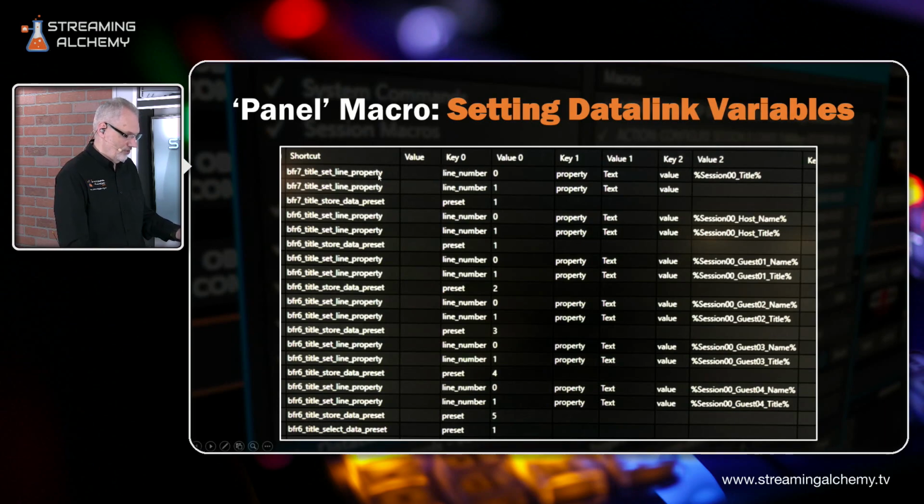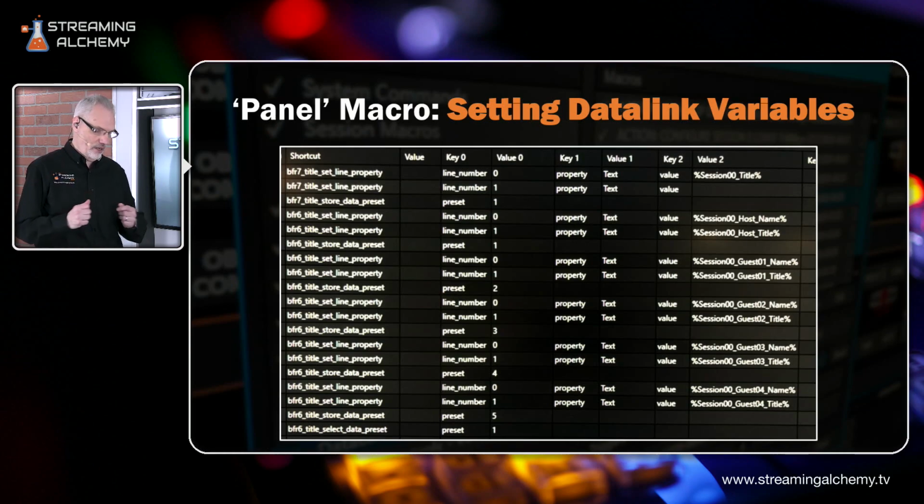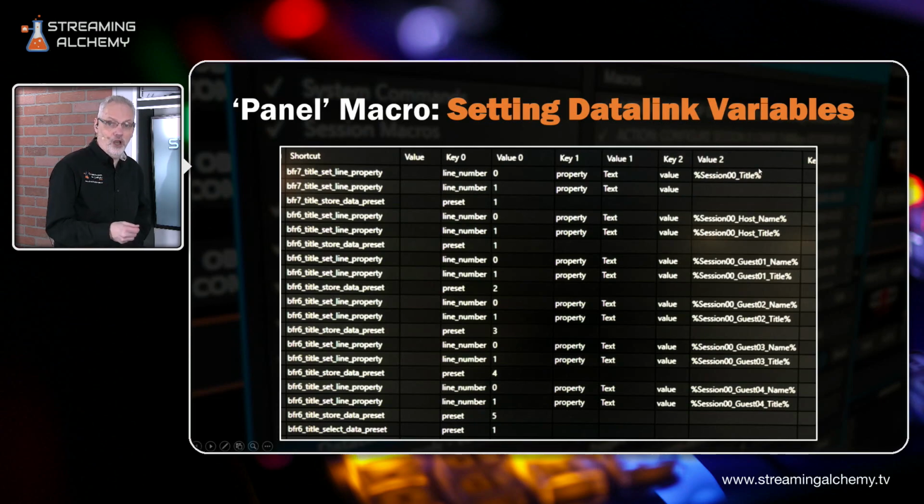So we say set the text for line 0, which was the name. It's going to be a text value, and the value is the session Datalink variables. So I'm simply putting in the Datalink code that I'd need to pull in the right value.